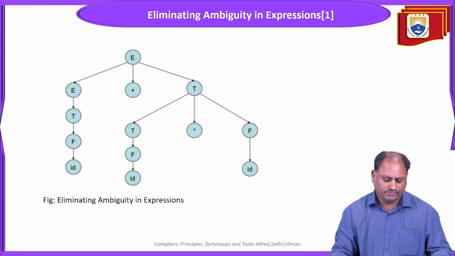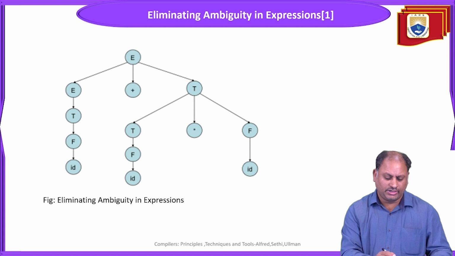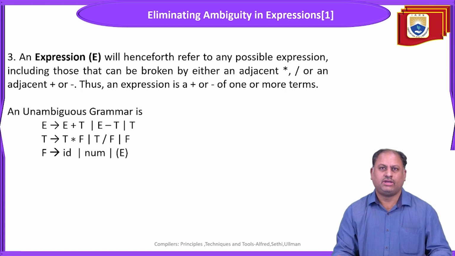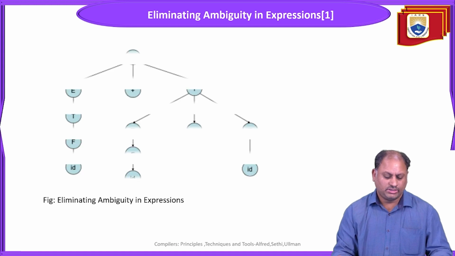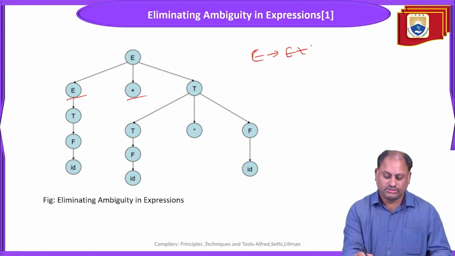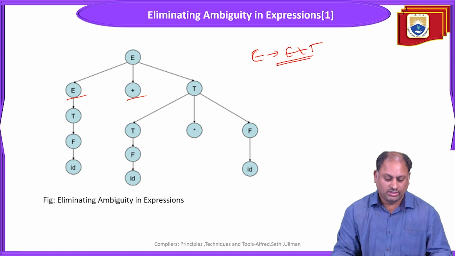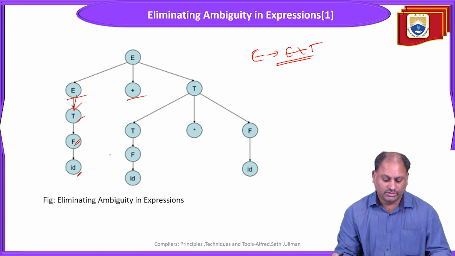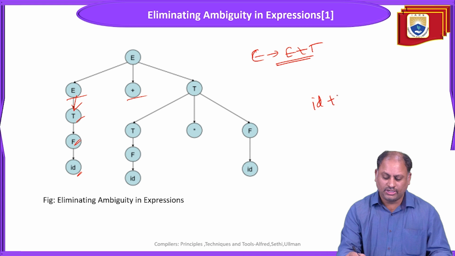There are three derivations: E derives E plus T, and E derives T, T derives F, F derives ID. So here the final string is ID plus ID star ID.